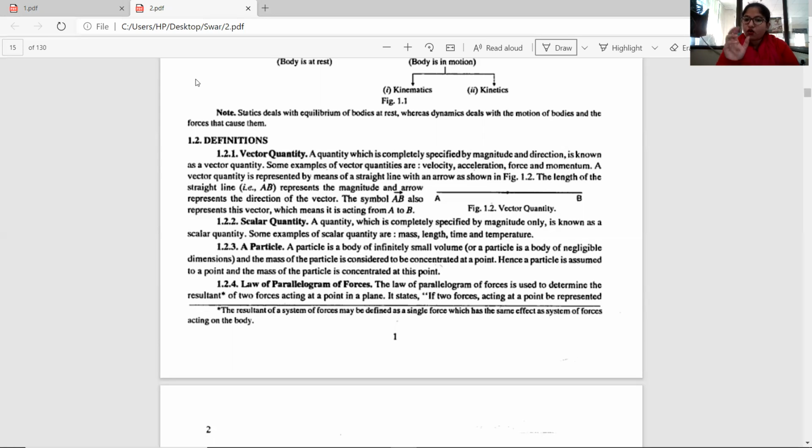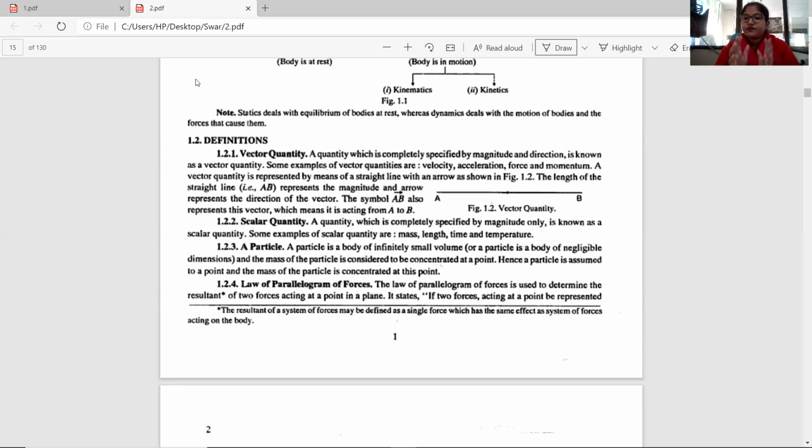We can only say my time is x, my temperature is y, my mass is z. But in a vector quantity we can say that in the north direction my velocity is x, or that my car is moving in the south direction and the acceleration of that car is y in the south direction.